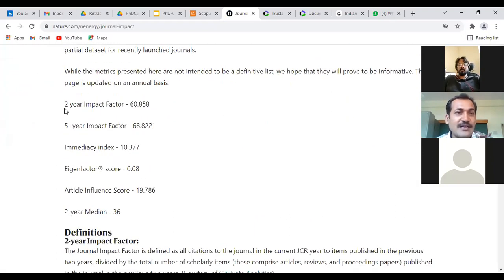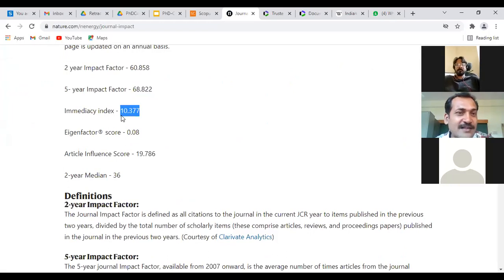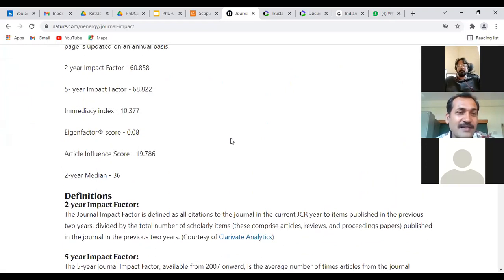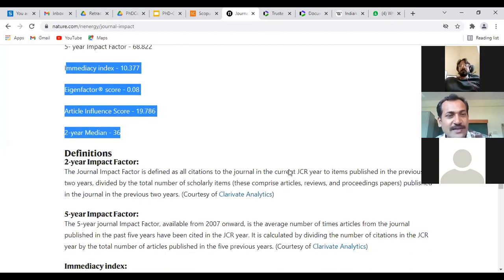So if you see the 2-year impact factor, it is 60.8, 5-year impact factor is 68.8, immediacy index 10.377, right? So all these impact factors will be then seen, right? These are the different scores again we can have. We will see those later on.